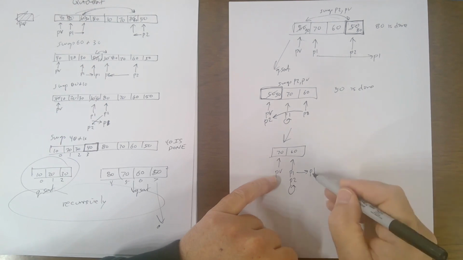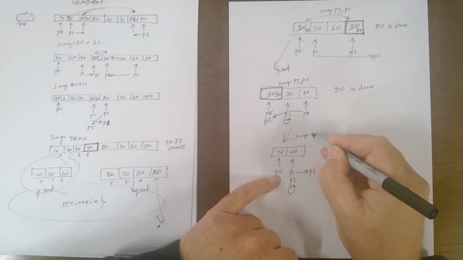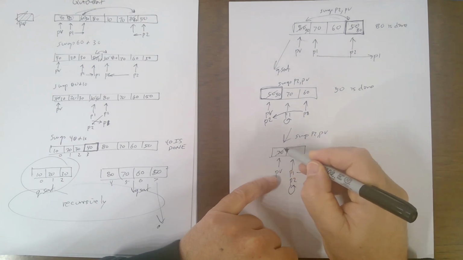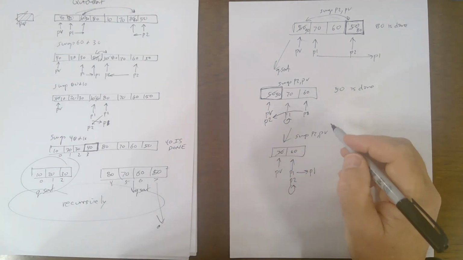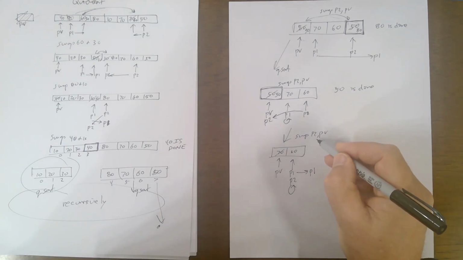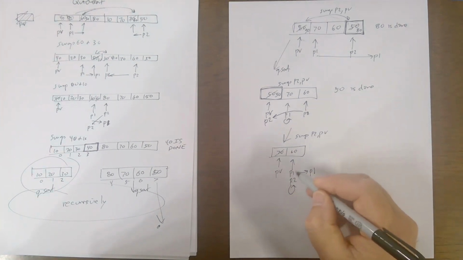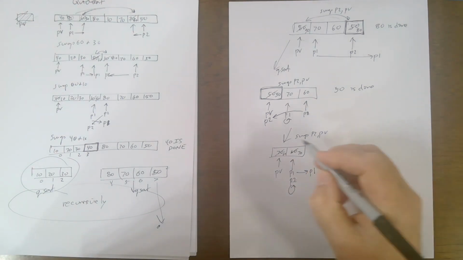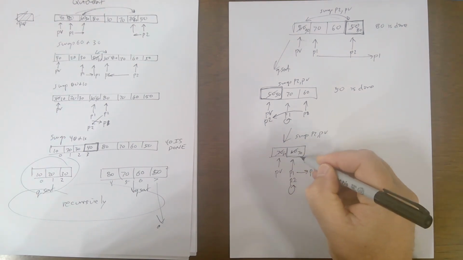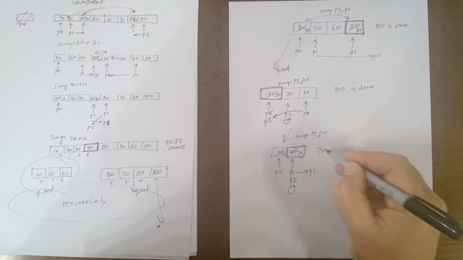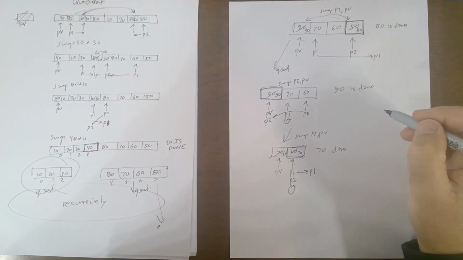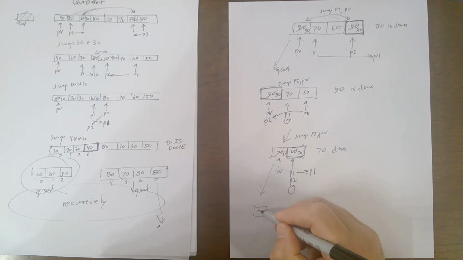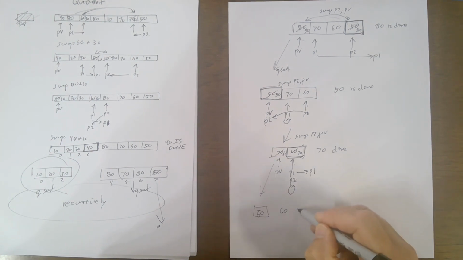P1 and P2 have crossed, so you swap P2 and pivot, swapping the 60 with the 70. And the 70 is done. Then you would call quicksort on this last guy, which is a trivial case. And so 60 is done.